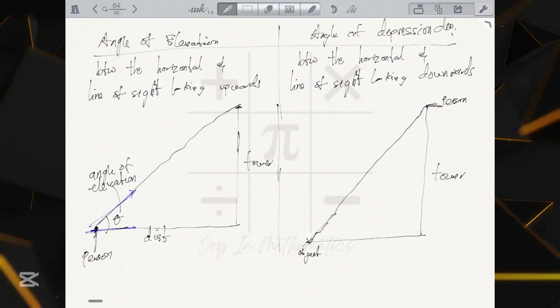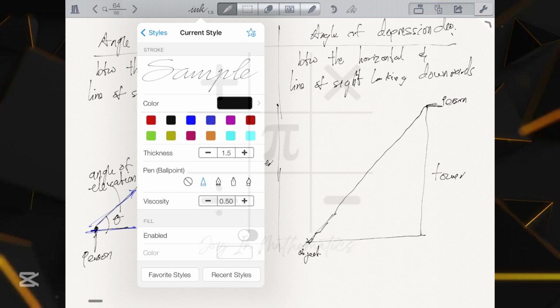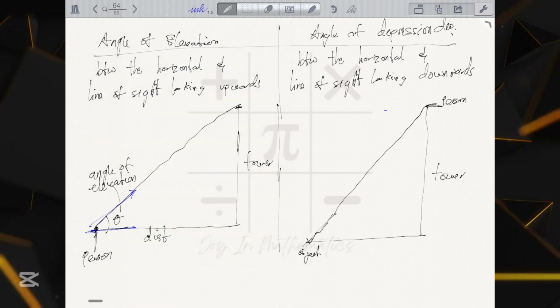Now there is an angle of depression. The angle of depression is between the horizontal line of the observer's eyes and the line of sight. So we can see this is the horizontal line, and this is the line of sight, and we call this alpha. So this alpha is called the angle of depression.